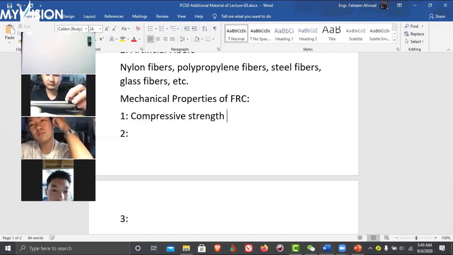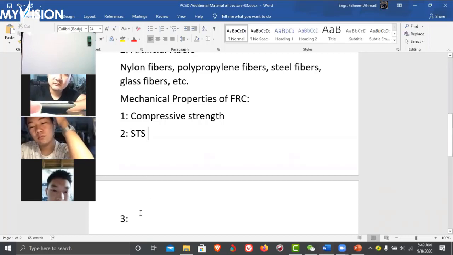Compressive strength, STS means splitting tensile strength. Let me write the name.